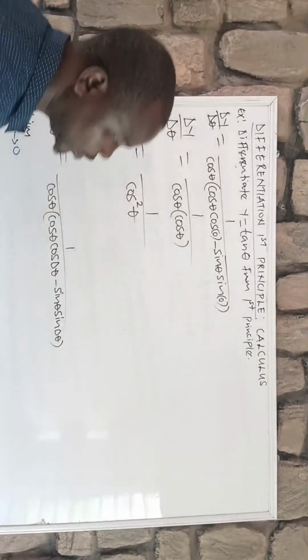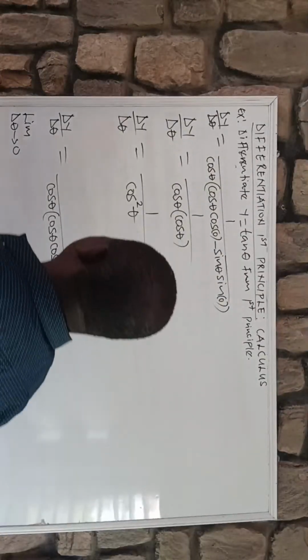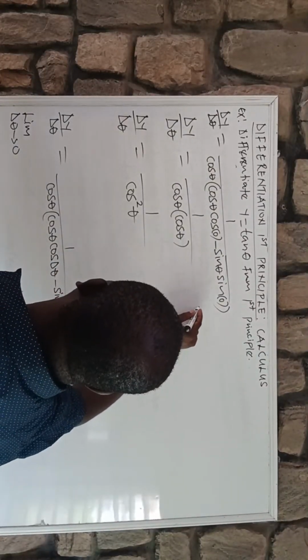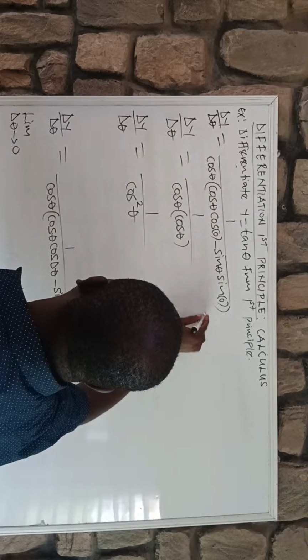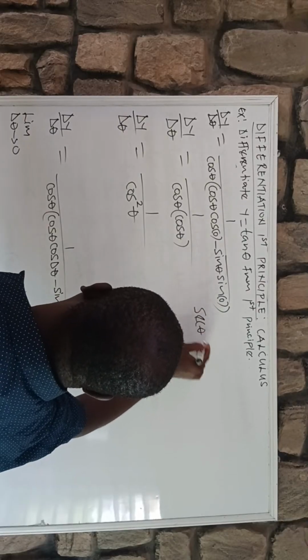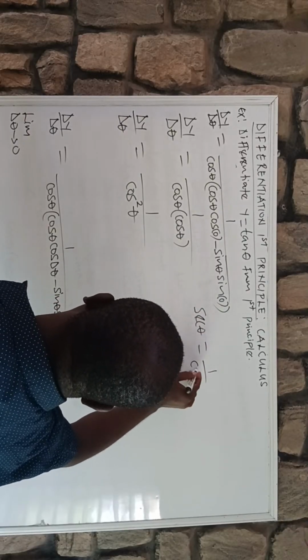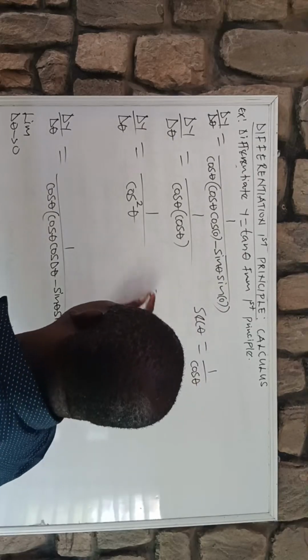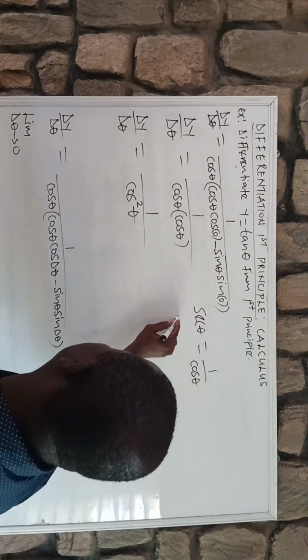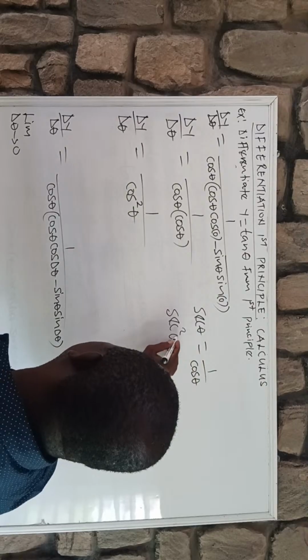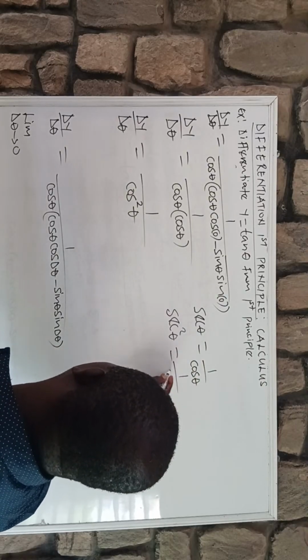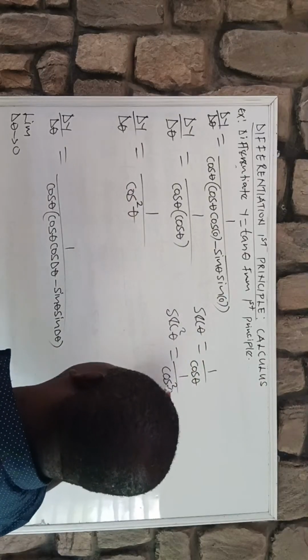Okay, now you go back to your trig identity. Note that sec theta is the same thing as 1 all over cos theta. So this implies that sec square theta is the same as 1 all over cos square theta.